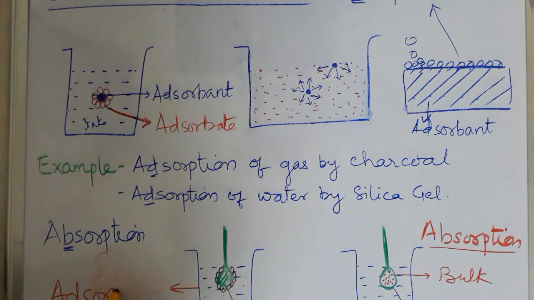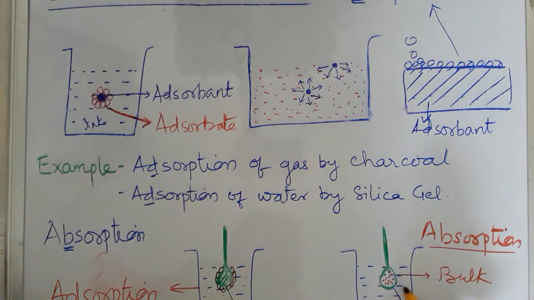So this is a surface phenomenon, and this is a bulk phenomenon. Water molecules are evenly distributed in the vacant sites of anhydrous calcium chloride. So these are the two main phenomena, and we have come to know the difference between absorption and adsorption.